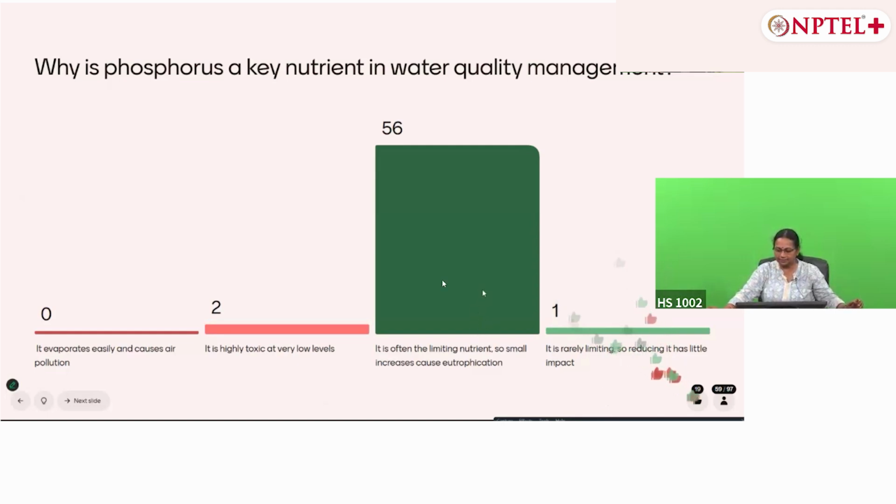Okay, so obviously the third answer is the correct answer, because all other things, by looking at them itself, we can make out that they are wrong.